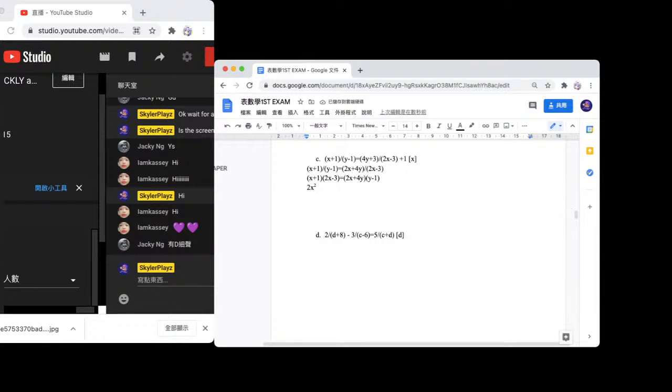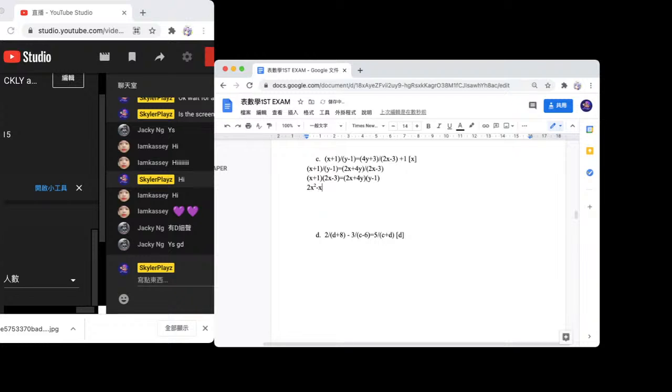Give me some time to simplify that fraction. 3 is equal to 2xy, 4y squared, and then 2xy plus 2xy minus 2x minus 4y.